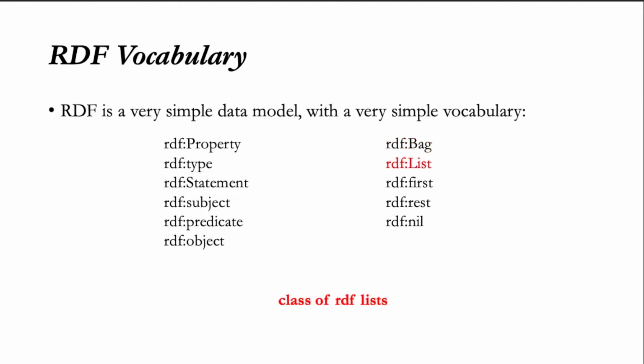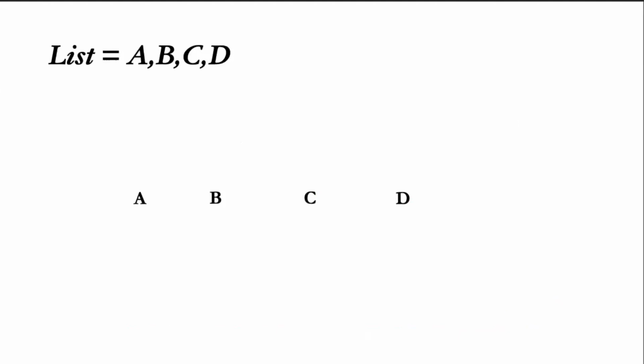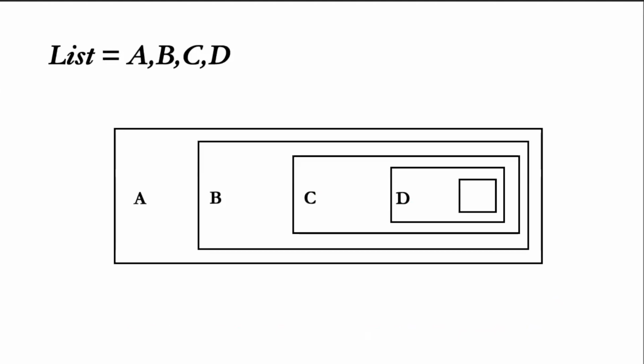List. Here's where I'm going to start unpacking some of those brackets. Lists are approached the way Prolog approaches lists. You have a first element, the rest, and then an empty element. You could probably see what I mean better with an illustration.